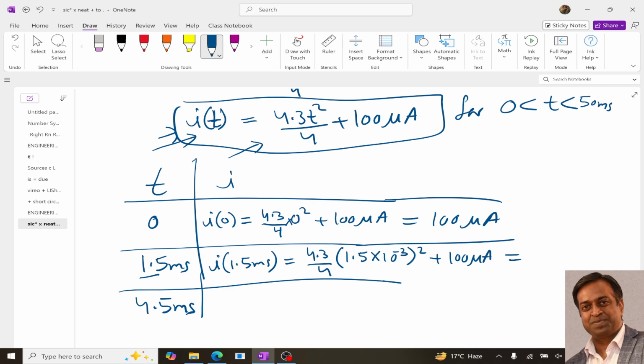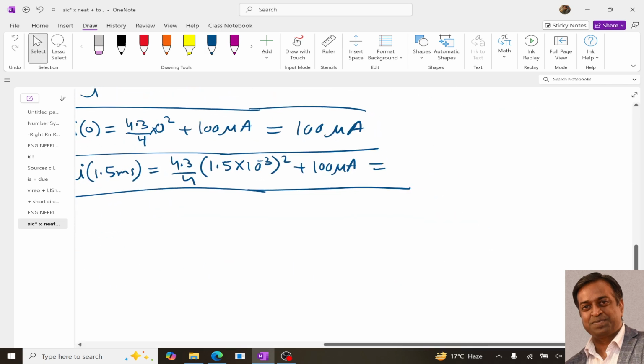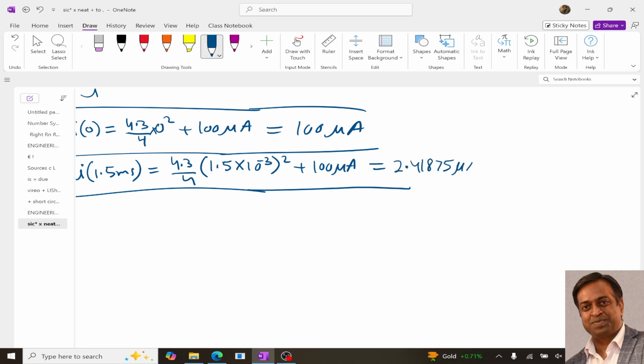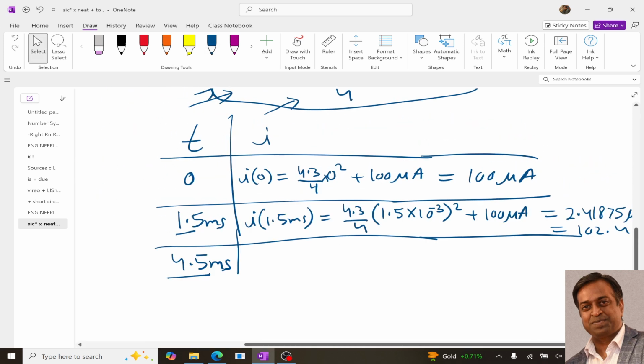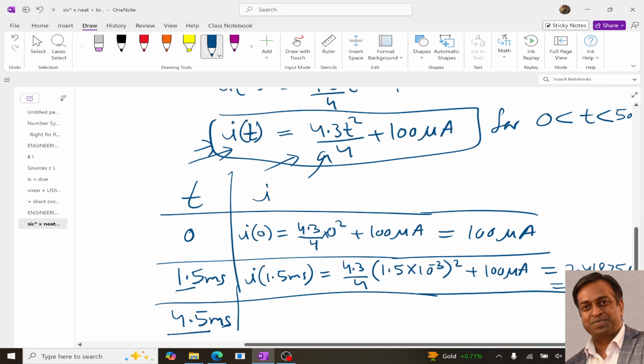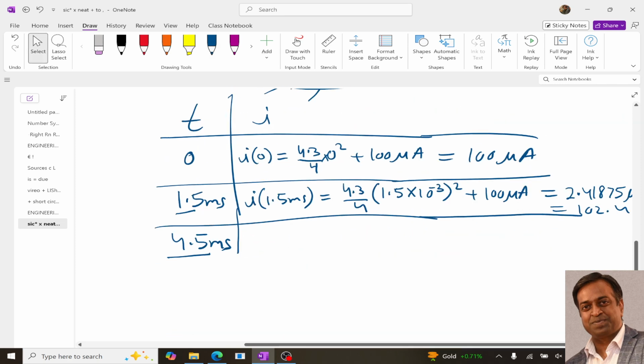If you solve this, you will get something like 2.41875 microamperes plus 100 microamperes, so it will be 102.41875 microamperes.